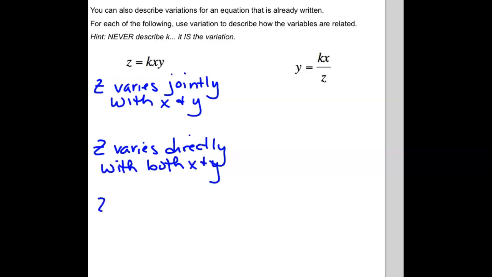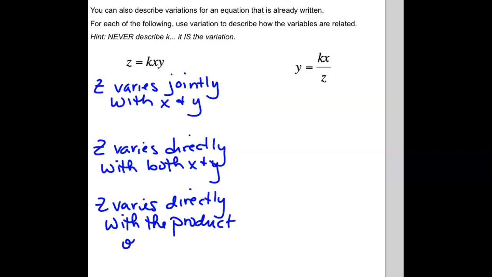Or we could say z varies directly with the product of x and y, because product means that x and y are getting multiplied together.